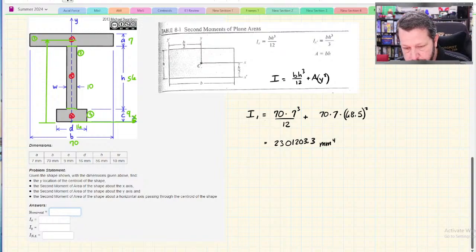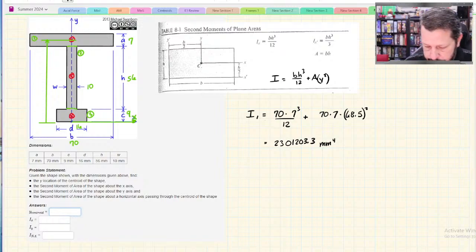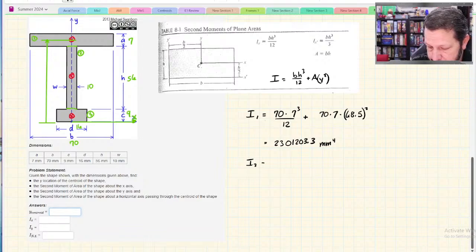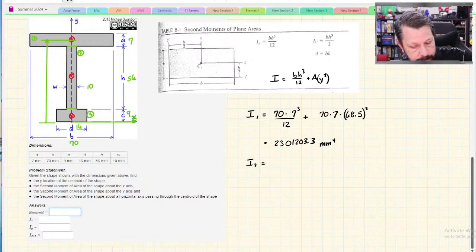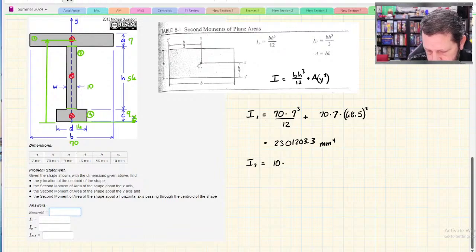All right, so part 2. Also a rectangle. B, the base, the side of the rectangle that's parallel to the x-axis, is 10, times the height of the rectangle, looks like 56, area of a rectangle.